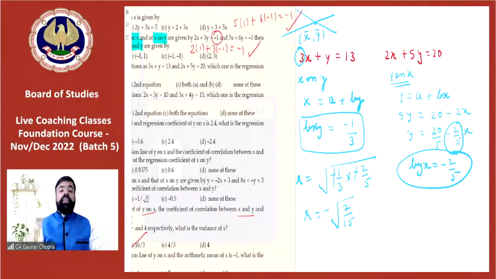Inside we cancelled the negative sign so that we can solve the root, but outside we have to put the sign again. So the final result of r is negative. Now the question wants us to know which is y on x. Clearly, the second equation is y on x.